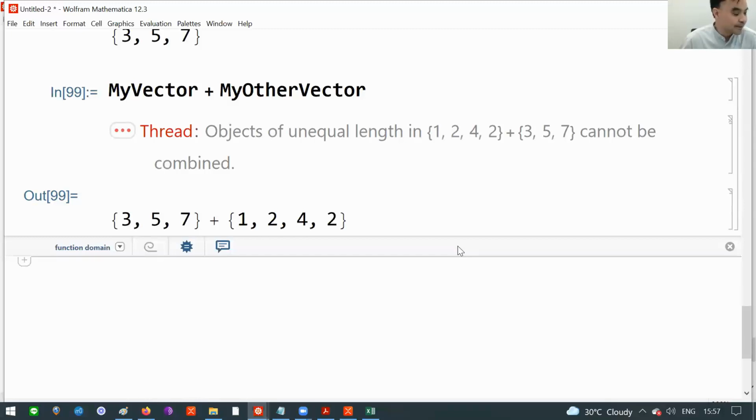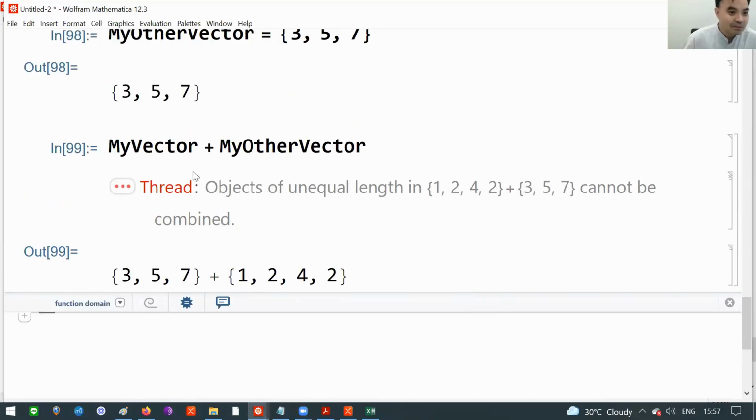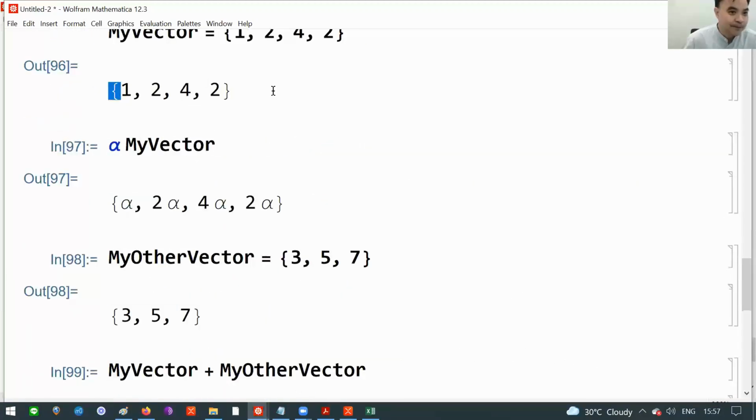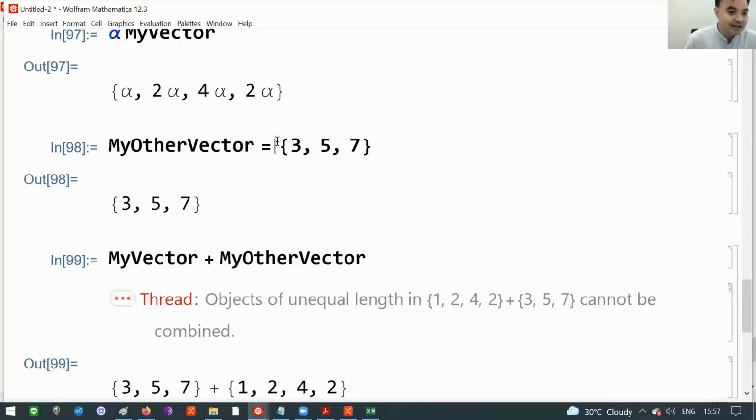Doesn't work. Why? Because my vector has 4 numbers and my other vector has 3 numbers. You can't mix them together because they don't match.